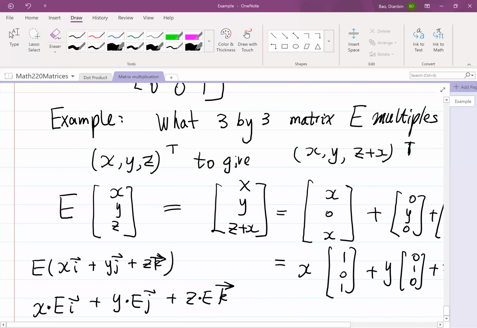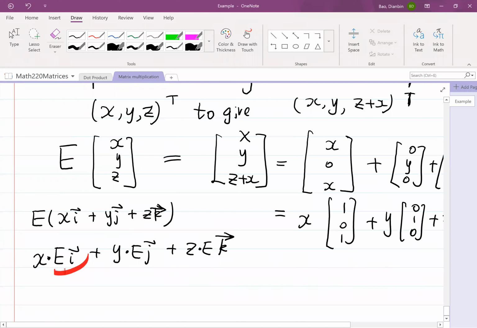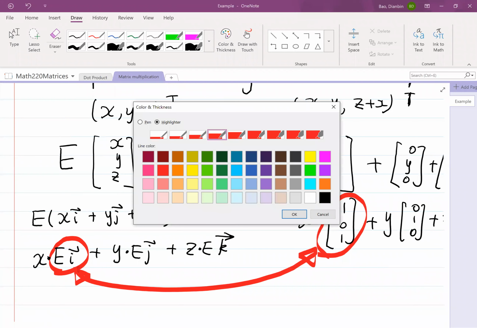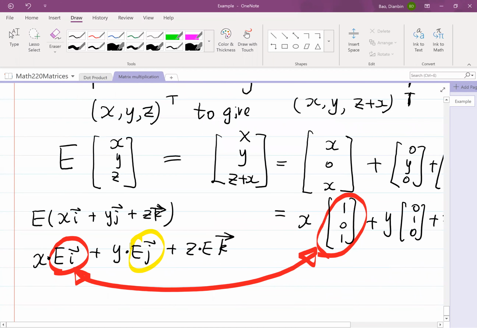You see the terms that has x. They coincide. Then the terms that has y, let's use another color, correspond to the terms that has y.